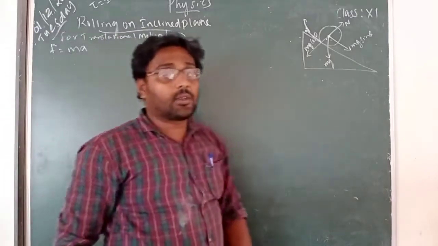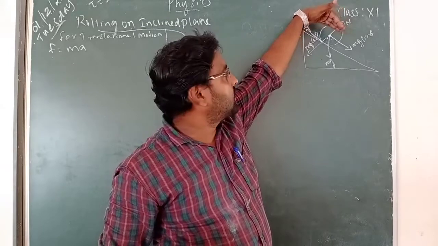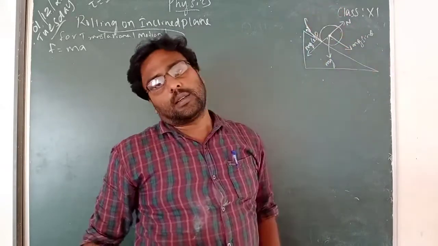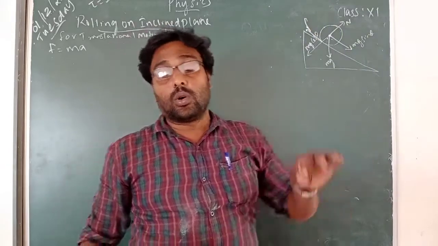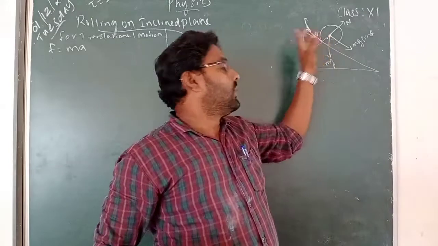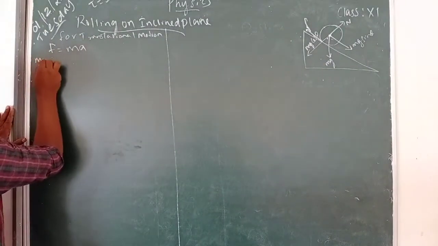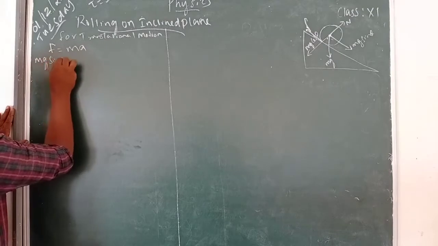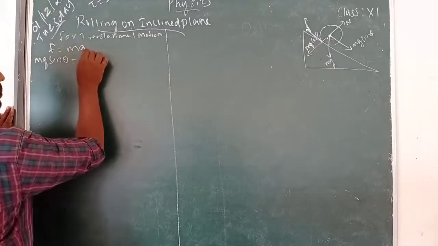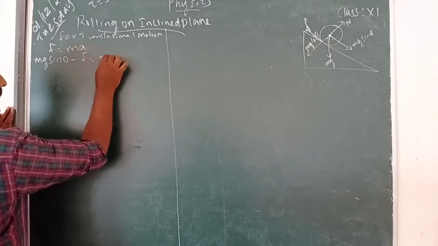From this formula, the total force is Mg sin theta downward, and upward, opposite to Mg sin theta, the frictional force F is there. So you can write the equation: Mg sin theta minus F is equal to Ma.